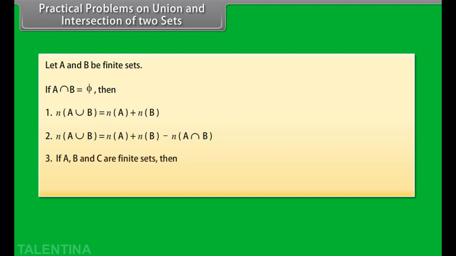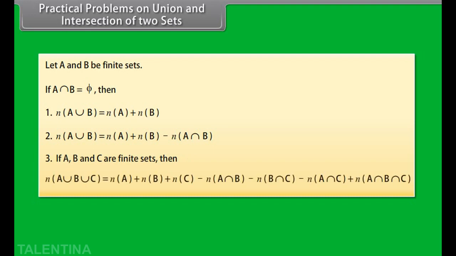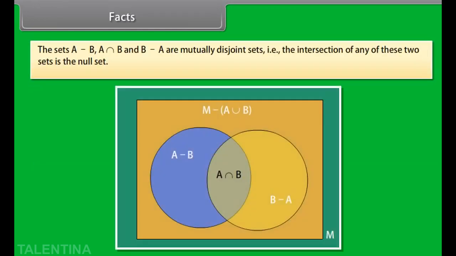If A, B and C are finite sets, then facts: the sets A minus B, A ∩ B and B minus A are mutually disjoint sets. That is, the intersection of any two of these sets is the null set.